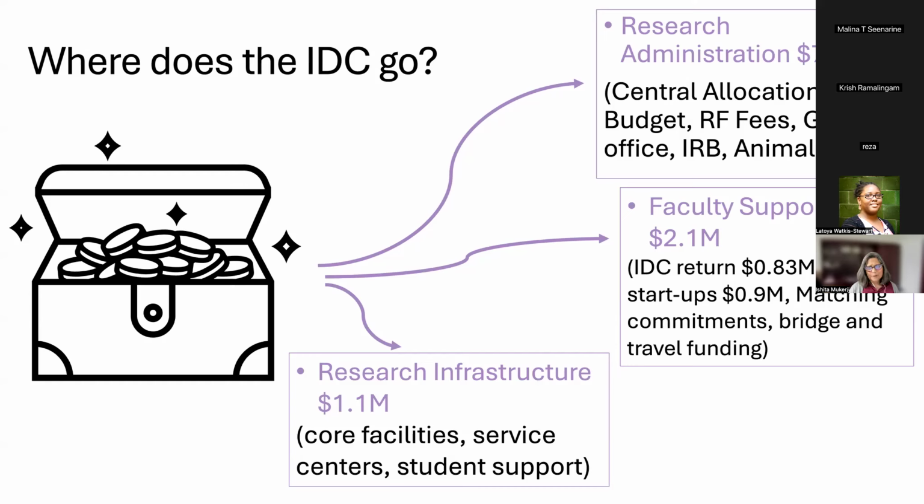A really big place where a lot of our money goes is to pay Research Foundation. So every transaction that happens with your grants is charged a fee by Research Foundation. Well, almost every transaction. And so those fees are paid for out of IDC.